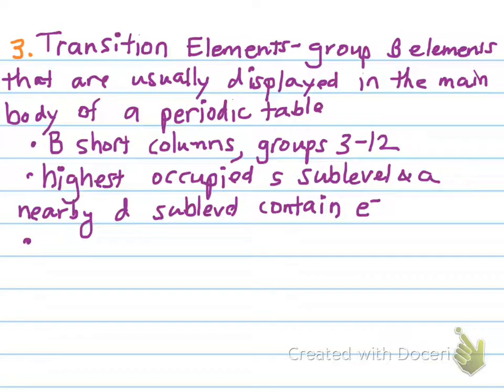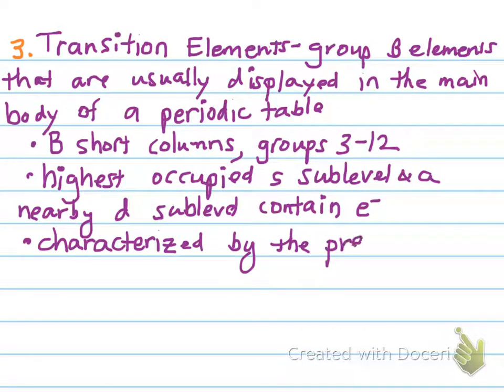So kind of what's really important, or the big characteristic of transition elements, is that they are characterized by the presence of electrons in d orbitals.